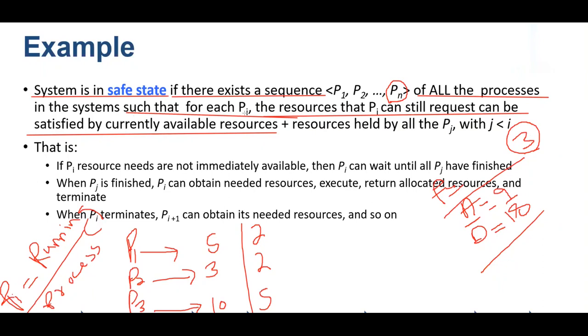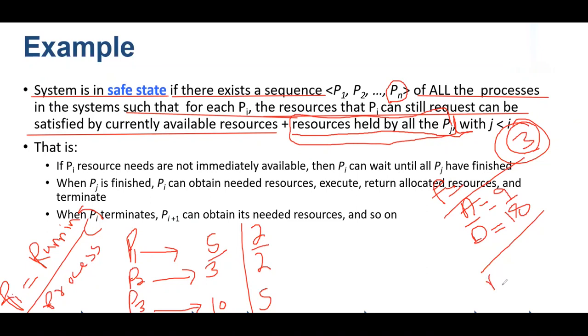Such that for each Pi, the resources that Pi can still request can be satisfied by currently available resources. So dear students, this is the currently available resources, which is 3, plus resources held by all the Pj. Up to this point, we know that right now the system has 3 free resources, where P1 is demanding how much? 5, and 2 is already allocated.